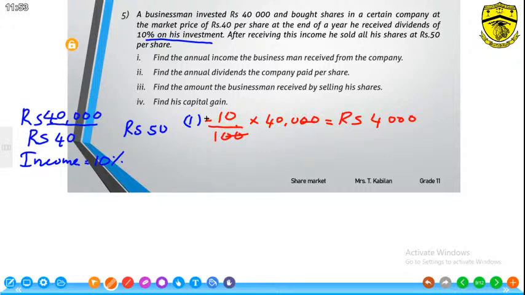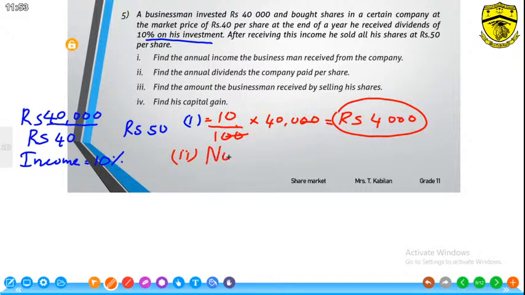Okay, second part. Find the annual dividend the company paid per share. How do we find the dividend per share? In part 1, we found the income, but we haven't found the number of shares. So first we need to find the number of shares.